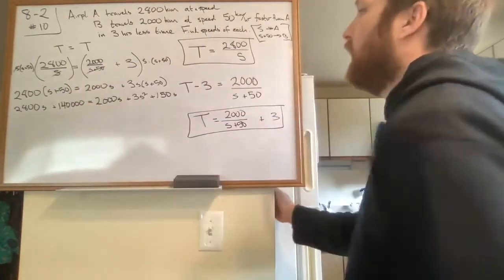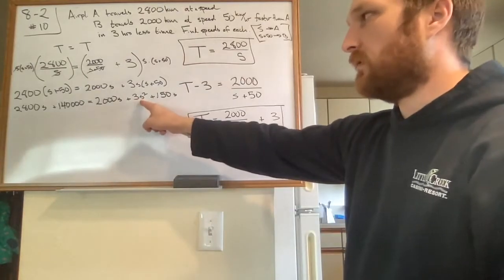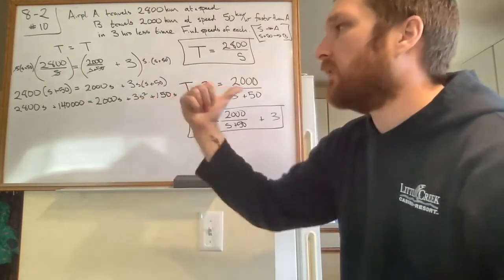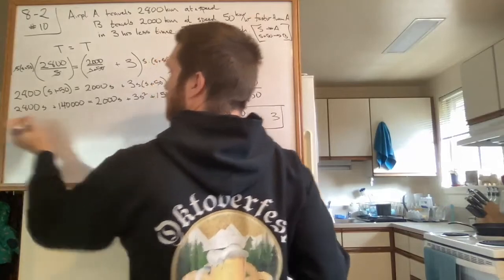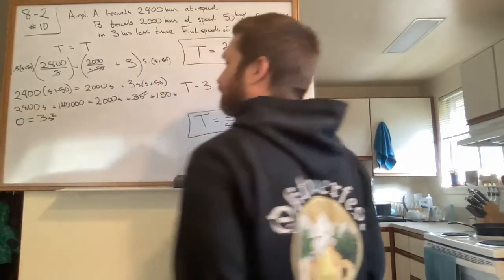So, all right, let's get everything on one side. The 3S squared term is already positive, so we're going to keep it on the right-hand side. I'm just going to move this over to look like this. This guy stays over here as 3S squared.